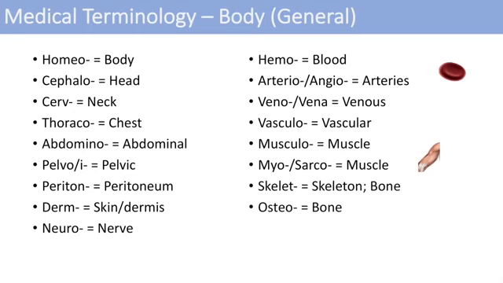Two related ones are skeletal or skelete, like in musculoskeletal system, and osteo, which means bone. So they both are related to bones. Another one is cyto for cell, and the other related term is the suffix cyte, which means cells or cellular.